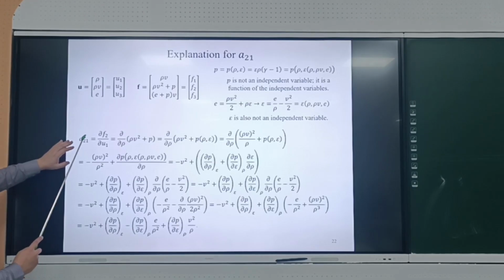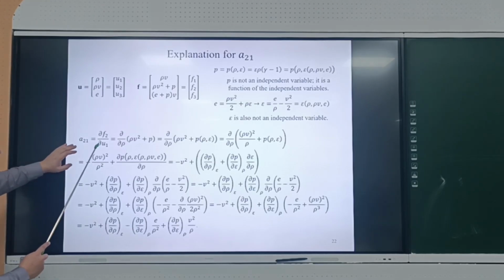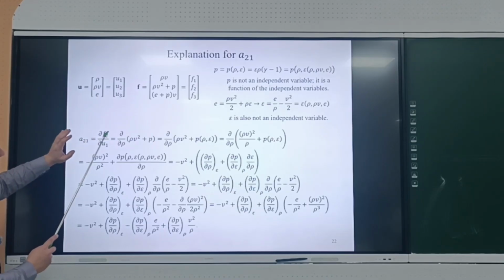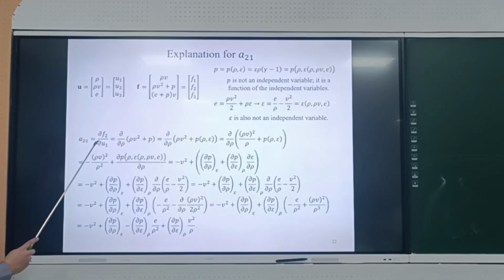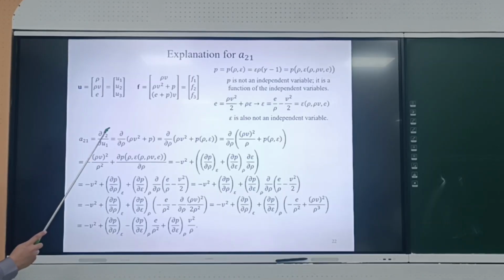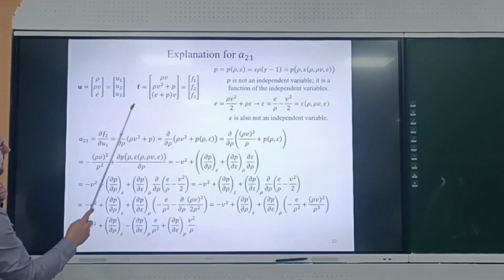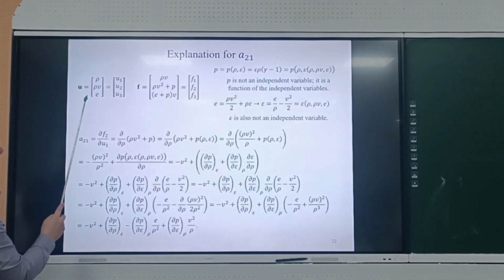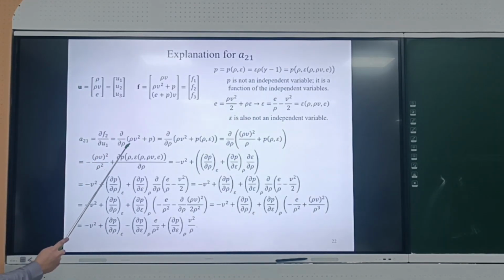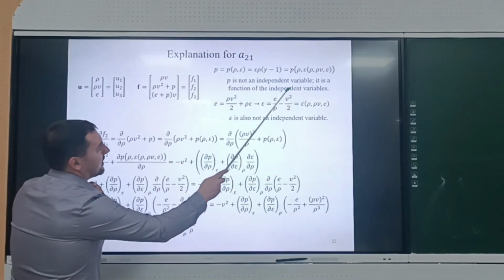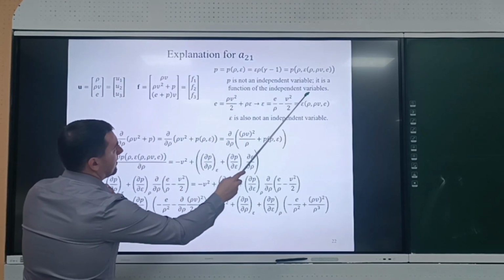We need to compute the partial derivatives dFi over dUj. For example, consider the first non-trivial component, dF2 over dU1. It means that we should take the derivative of this term, rho V squared plus P, over U1. U1 is rho, so d over d rho of rho V squared plus P. But P is not an independent variable. It is a function of the independent variables.